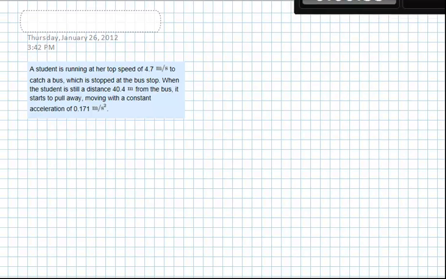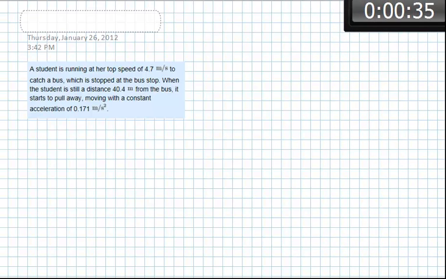So the first thing that we can do to solve this problem is to make a small sketch. This is going to be our 1D line of reference, coordinate system, whatever you want to call it.